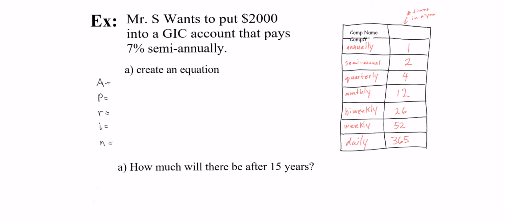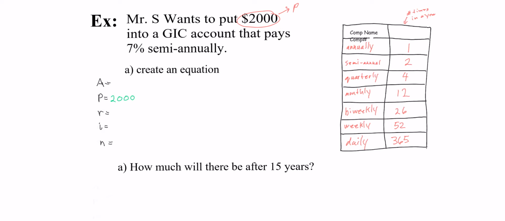First of all, we need to create an equation. So we'll bring out our apron, and here's what we know. That $2,000 is either the A value or the P value, the amount or the principal. We have $2,000 being put into a bank account right now, so we immediately say that it is the start value. So this represents P.